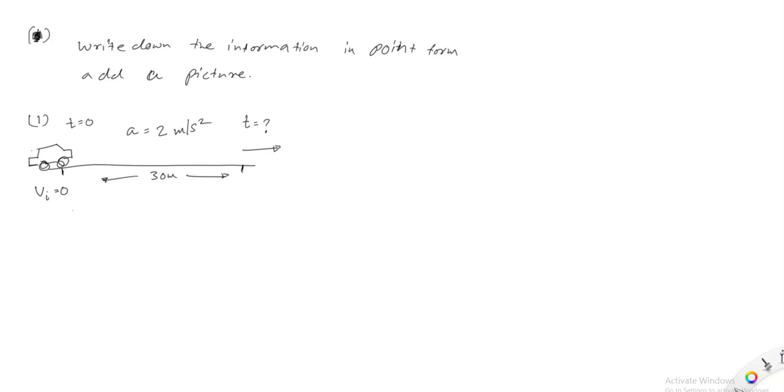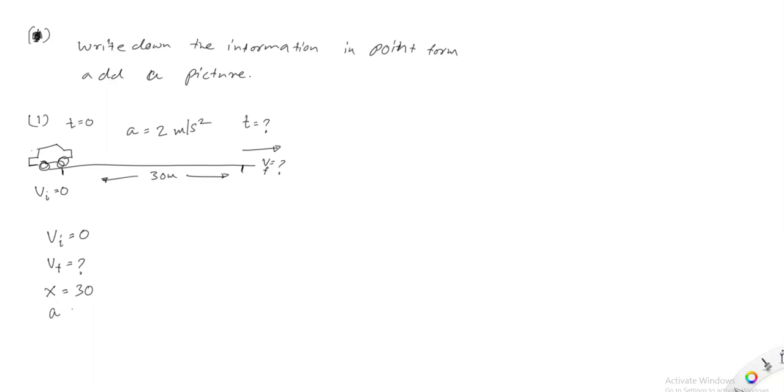So let's see what information we have in hand. We have V initial 0. V final we don't know. V final means over here, V final we don't know. We know the distance it traveled, 30 meters.